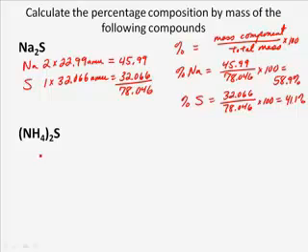Okay, now let's look. Here's another one, ammonium sulfide. So here I have nitrogen, hydrogen, and sulfur. And remember, this 2 is going to carry through the parentheses. So I have in this compound 2 nitrogens. I have 2 times 4, so I have 8 hydrogens, and I have 1 sulfur.